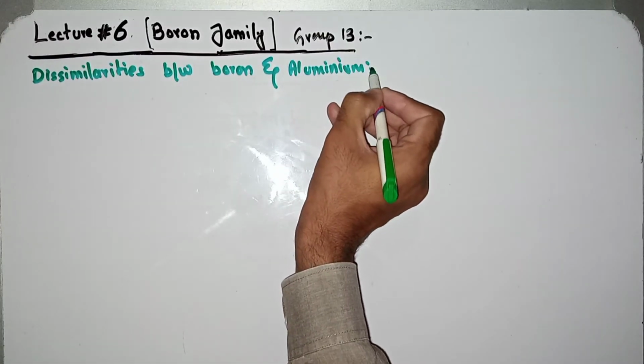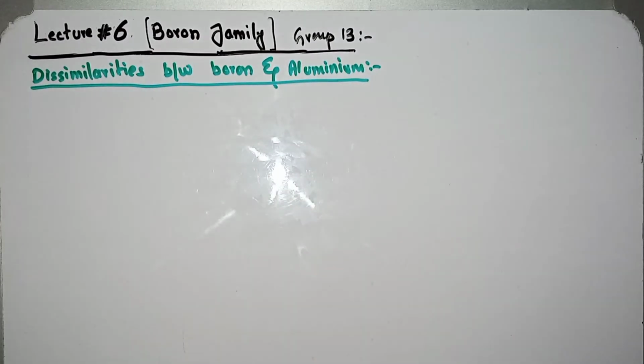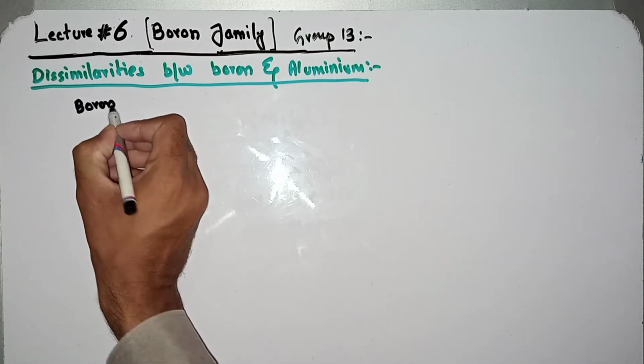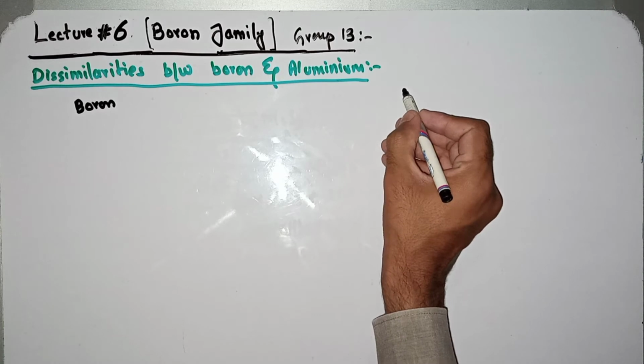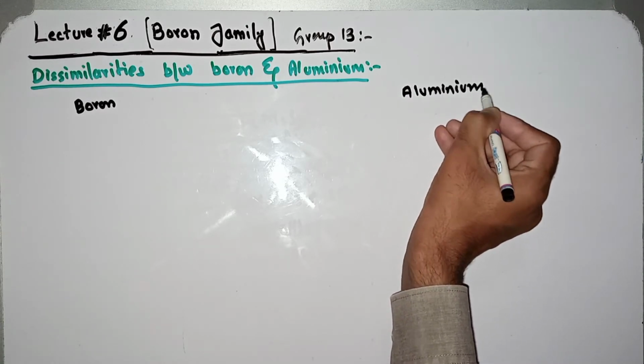So let's start the topic. What are the differences between boron and aluminum? Here is boron, and this is aluminum.